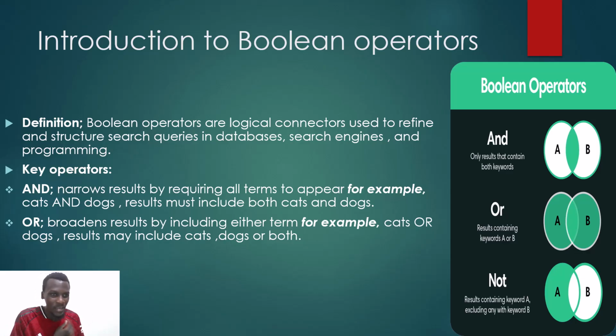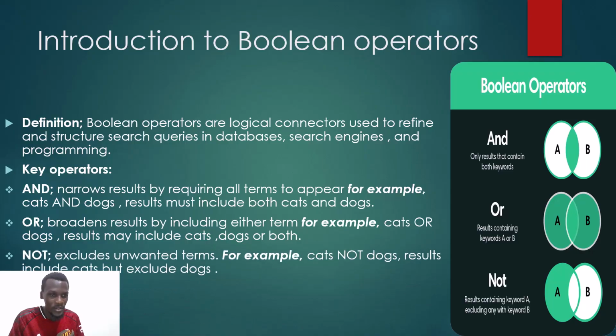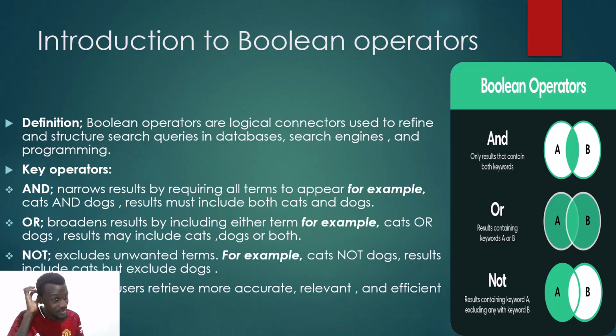Let me give an example of the key operators here. There is AND, which narrows down results by requiring all items to appear. For example, if you say cats AND dogs, the results must include both cats and dogs and nothing else.